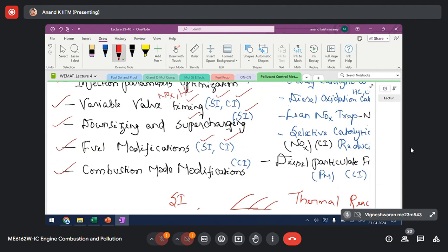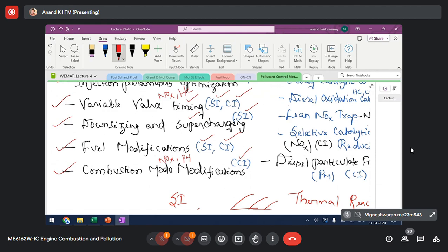Combustion mode modification. Here I will talk briefly about running the engine in a different combustion mode. Rather than a conventional mode, we'll talk about an alternative combustion mode which is available for CI engine. This method is very effective to completely eliminate NOx and particulate. You can achieve almost zero level of NOx and zero level of particulate by running the engine in an alternative combustion mode.